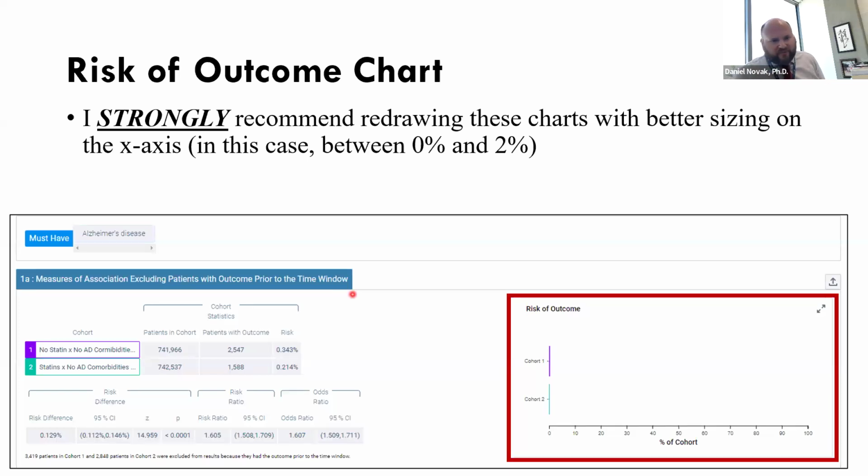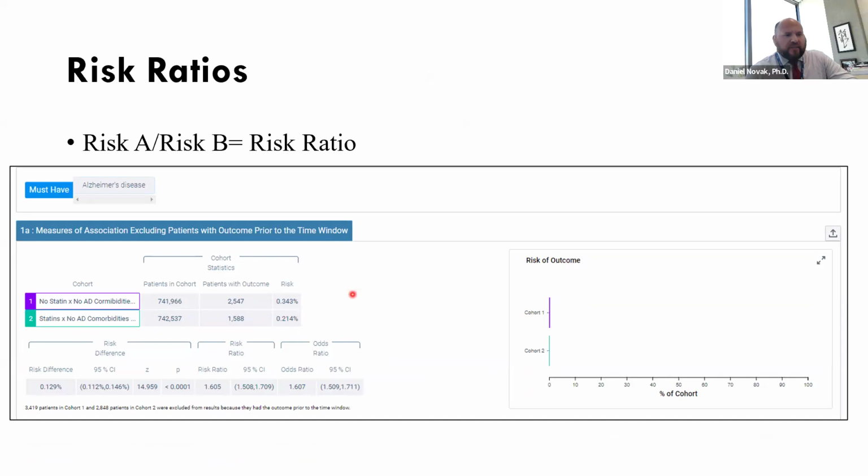But I strongly recommend redrawing these with better sizing on the y-axis and on the x-axis. In this case, I would probably put it between 0 and 2 or something like that, or 0 and 1. Because right now it just looks like there's not much of a difference, even though the risk difference is 0.129%. So you can see that these values are just represented on this thing.